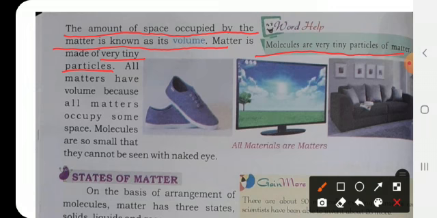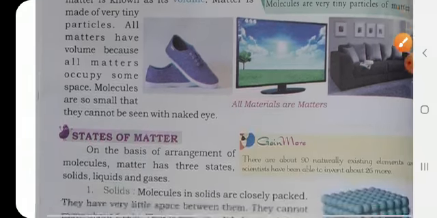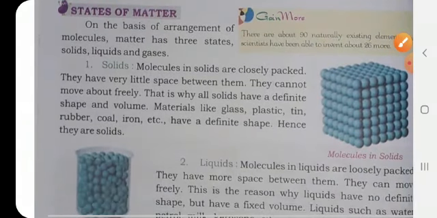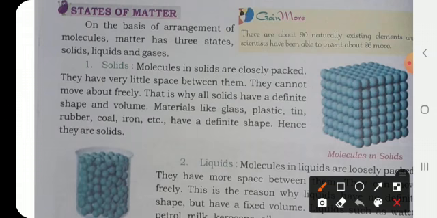Now, coming on to the states of matter. States means how does matter exist on this earth? So, it generally exists in approximately 3 states, that is solid, liquid, and in the gaseous state. In solids, the molecules are very closely packed.